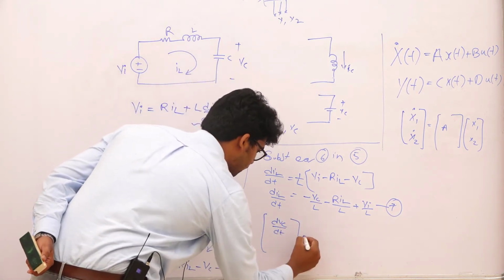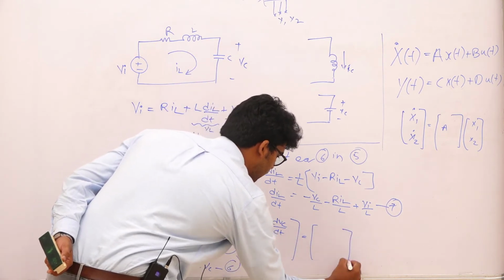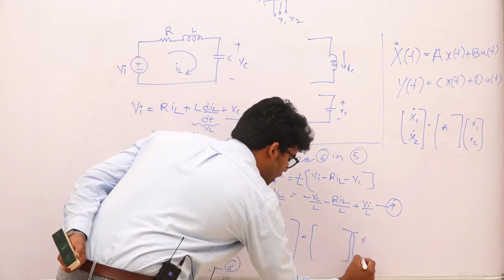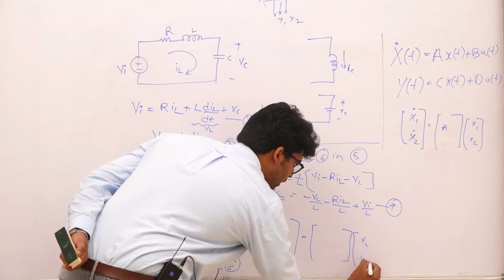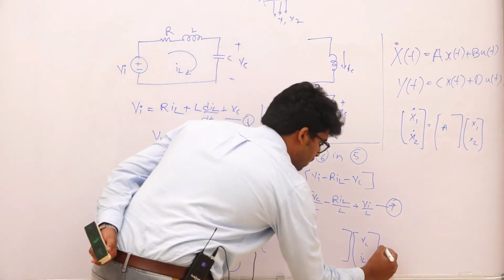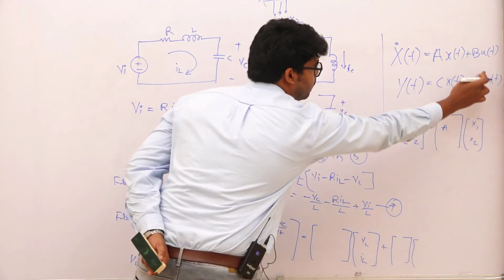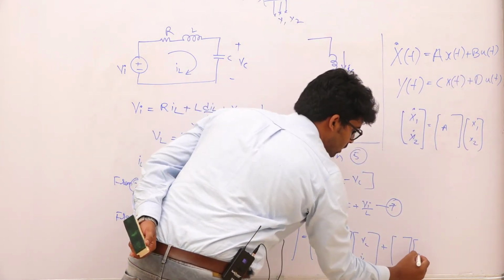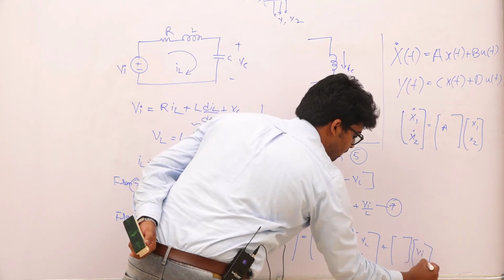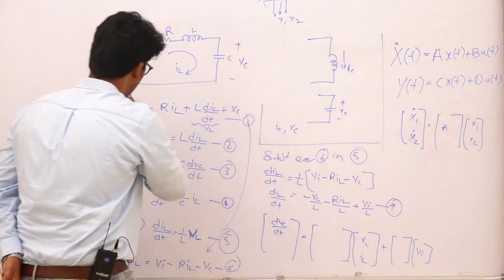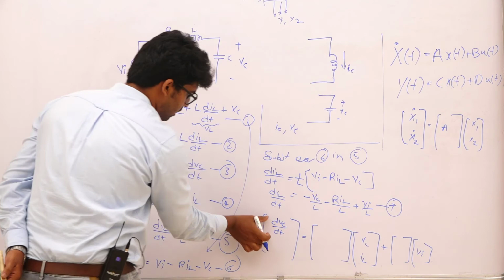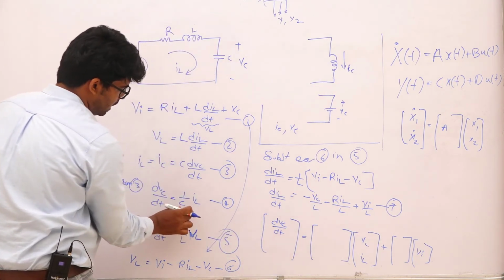This is the first order equation, and the matrix you will represent, so Vc and IL, plus you will be having another output. This is the output matrix. You have Vi, we take Vi here. So dVc by dt is 1 by C into IL.